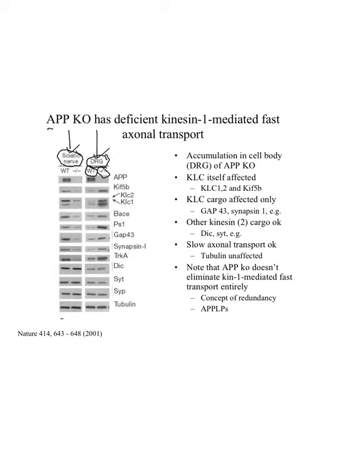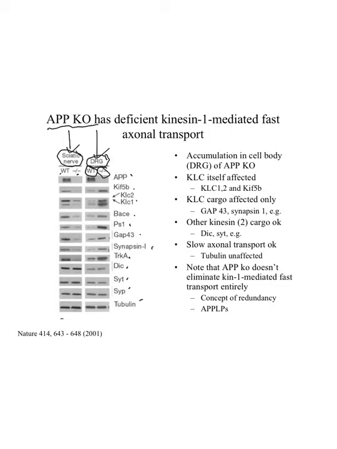Remember, it's the APP knockout that's been done. And over here for the sciatic nerve, this is the wild type lane, this is the knockout lane. And what we're really looking at are a whole bunch of separate blots looking at these particular proteins, and the scientists that did this photoshopped it all together into one image that we could see.